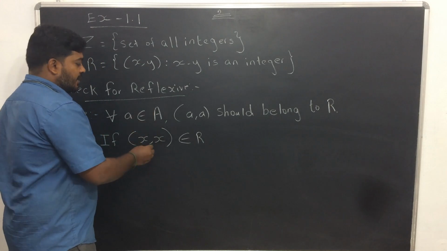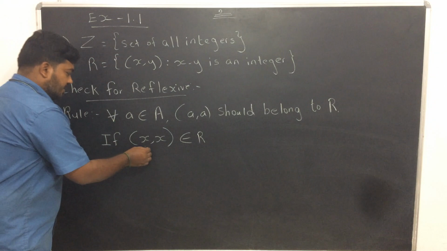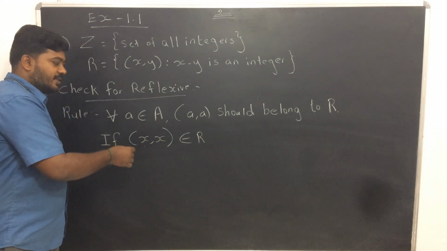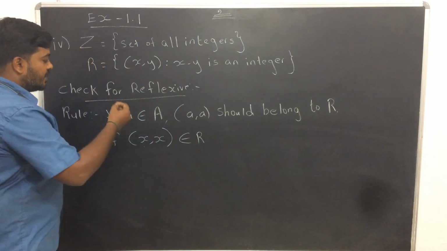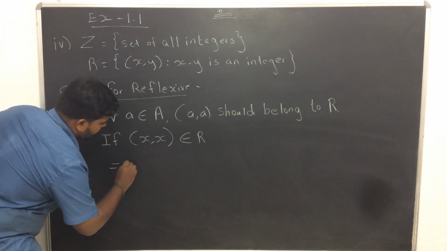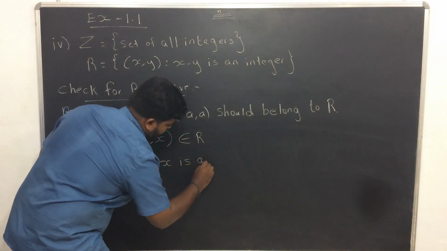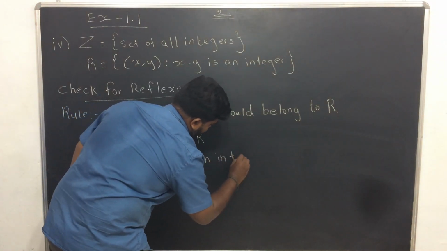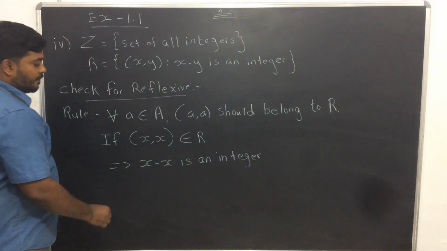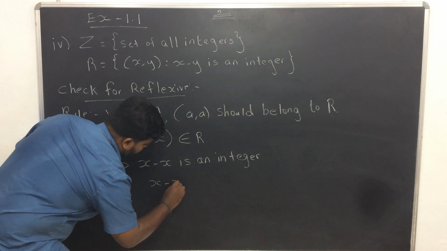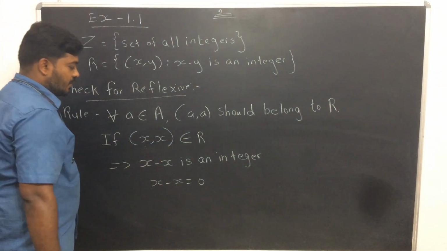I can say x comma x is in the relation only if x minus x is an integer. Now let's see what is x minus x. X minus x is equal to 0.